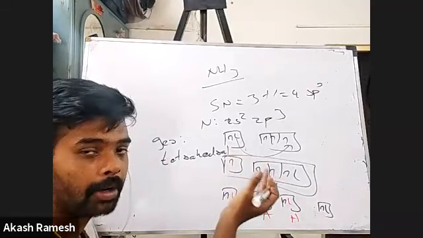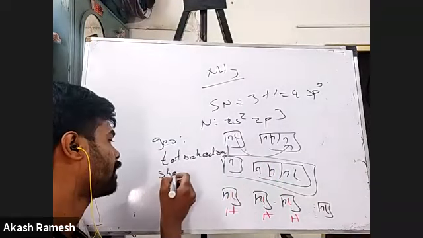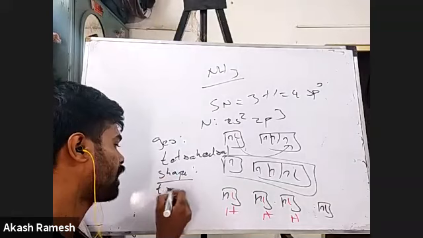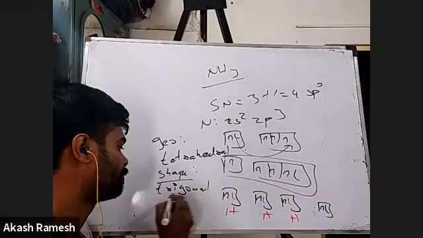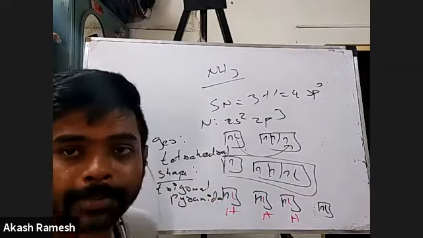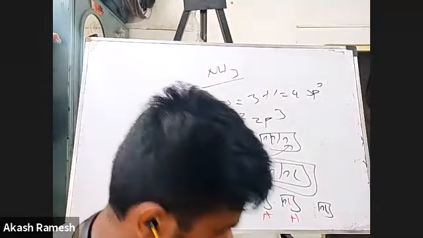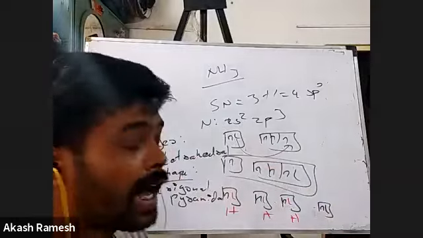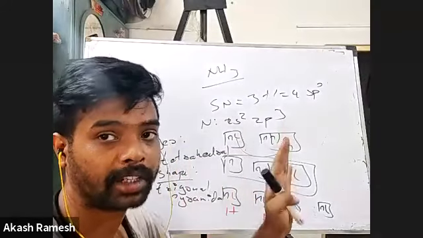And because I have a lone pair, the shape is going to become trigonal pyramidal. Done? Okay. Fine. One last example in sp3, then we'll go for the next hybridization.